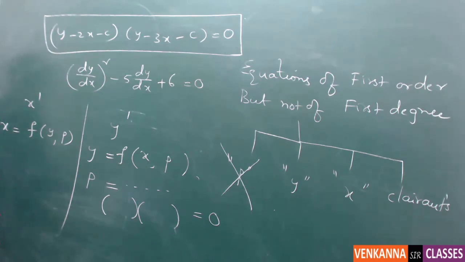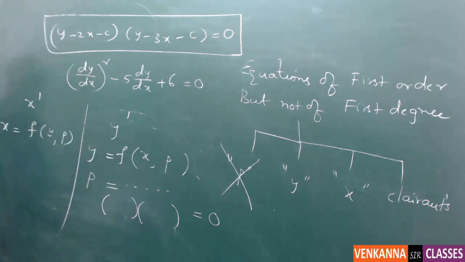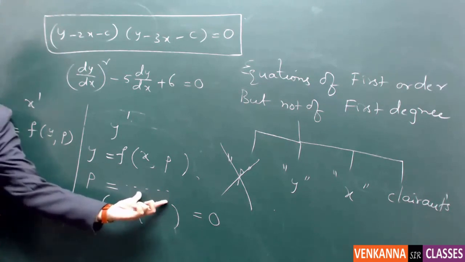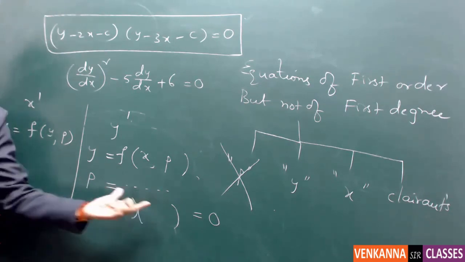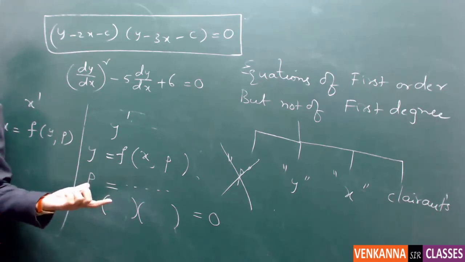I repeat again. First step is we represent the equation as y is equal to something. Later, we differentiate with respect to x on both sides. So p is equal to something will come. The whole equation is simplified by taking the terms common.